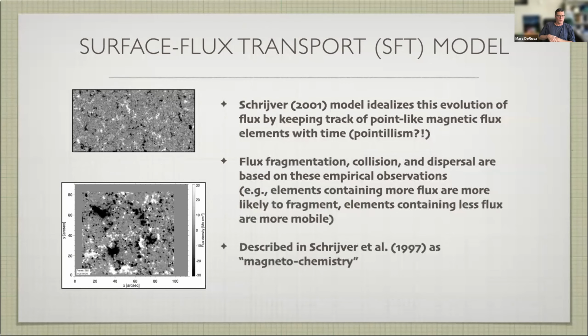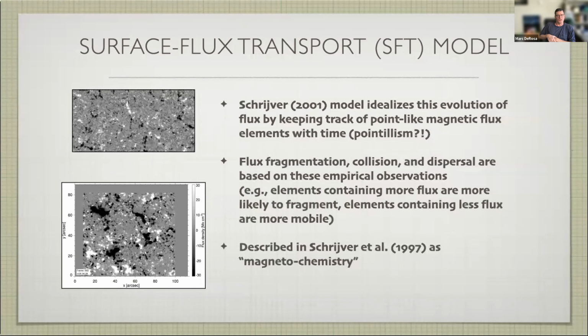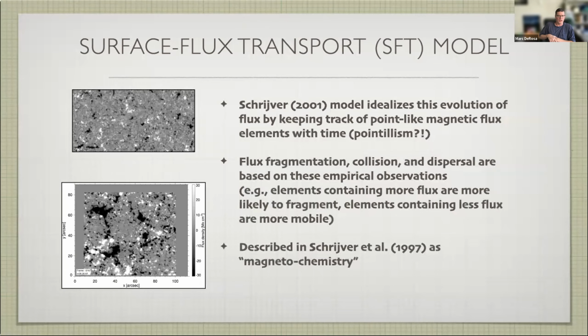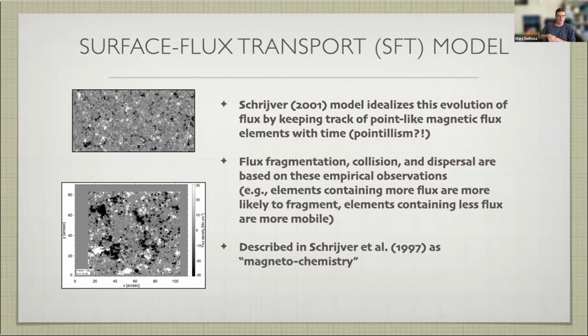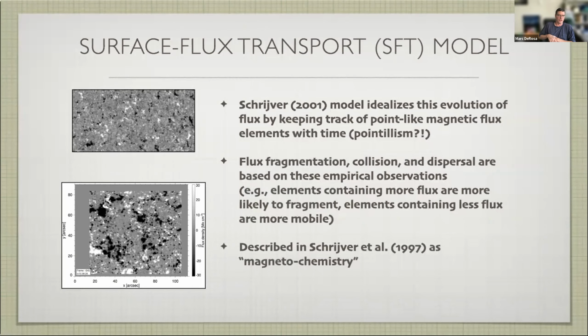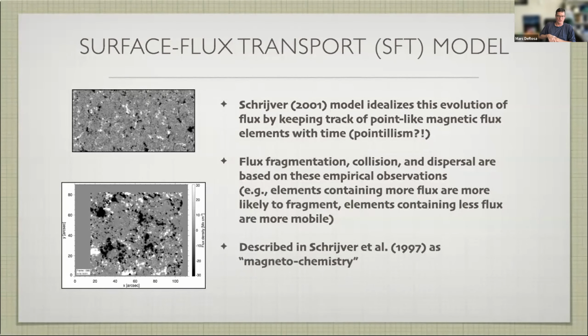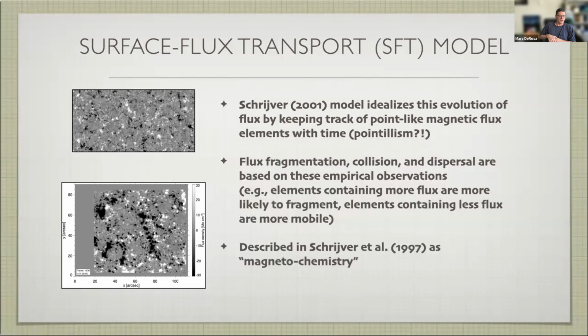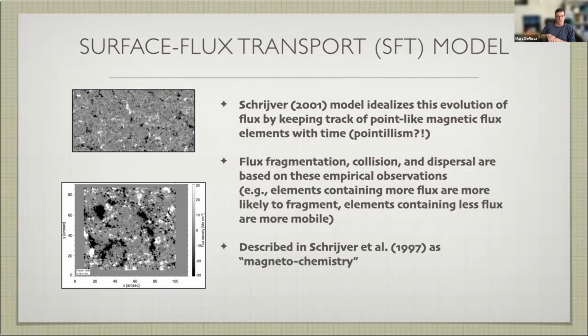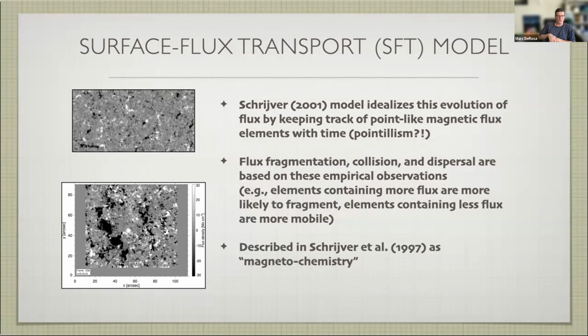And Carl Schreiber attempted to understand this property in terms of just, well, what if you just sort of reduce it to the fact that each blob is a point-like flux concentration. What can you learn from that? And so he developed the surface flux transport model that I now use, which is based on keeping track of point-like magnetic flux concentrations.